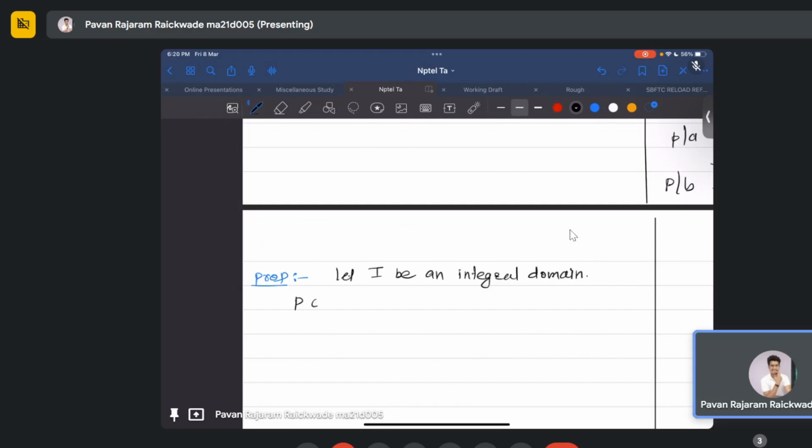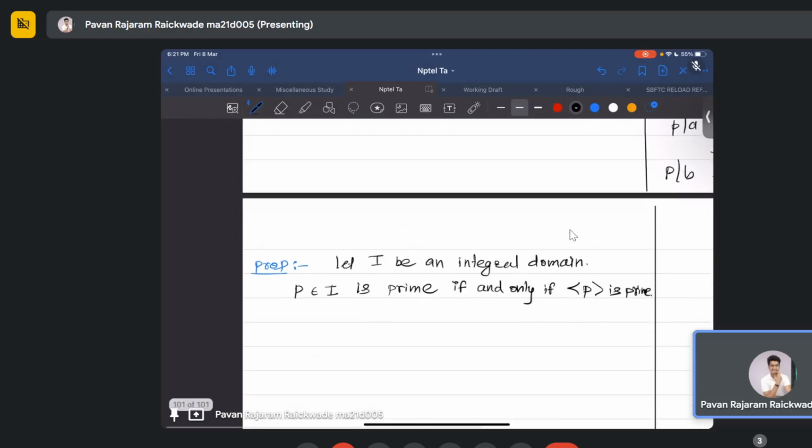So P belongs to I is prime if and only if the ideal generated by P is prime. This follows basically by definition. So keep this in mind. We'll use this: an element is prime if and only if the ideal generated by the element is a prime ideal.